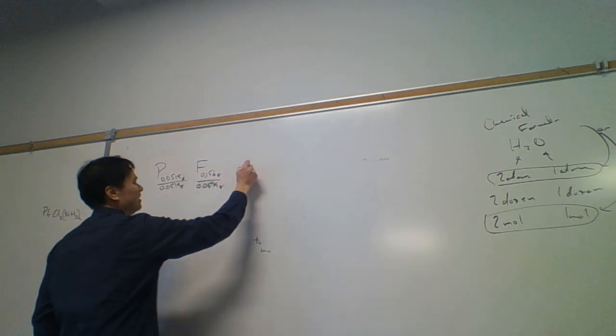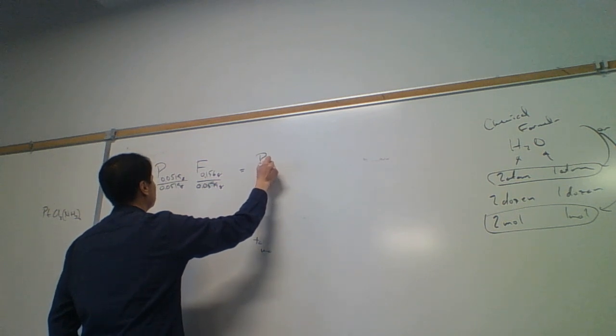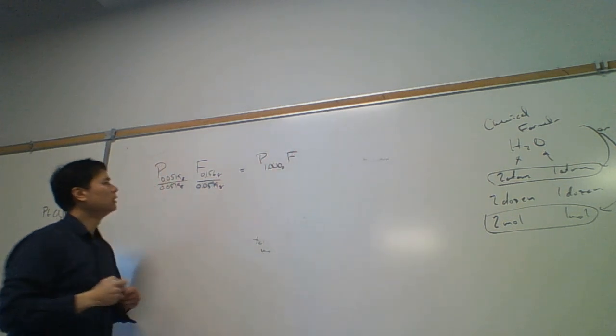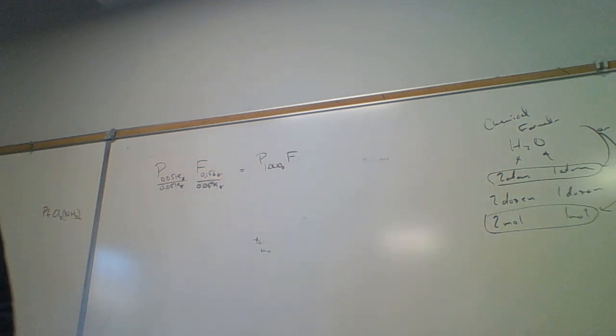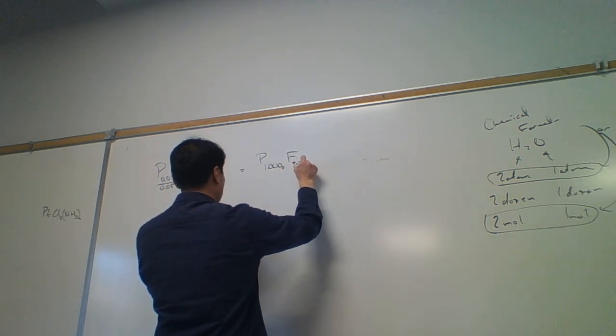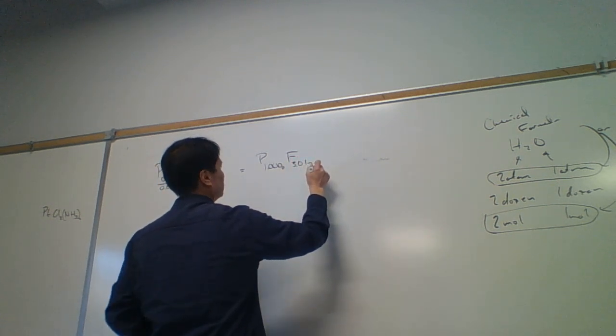So this is going to give me P 1.0000, F, I got to use my calculator here, F 3.017.